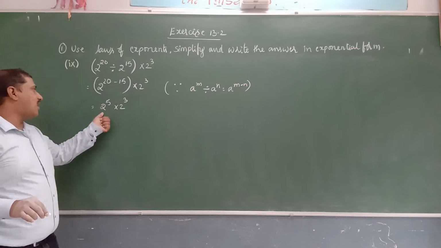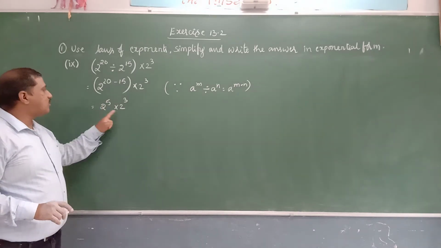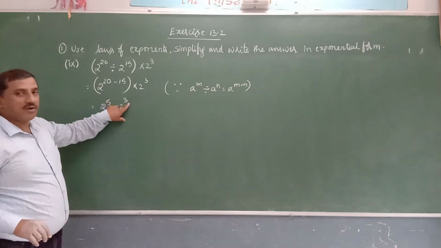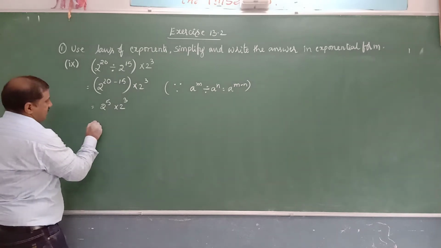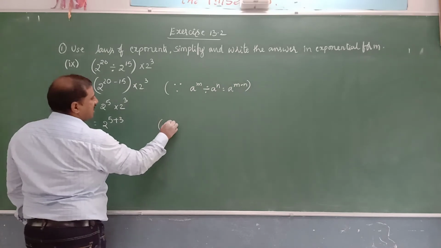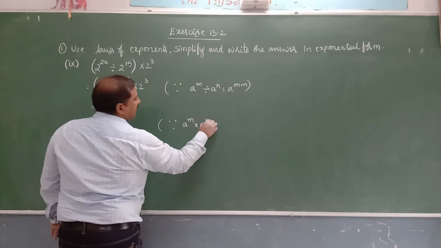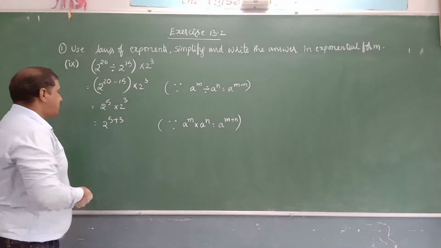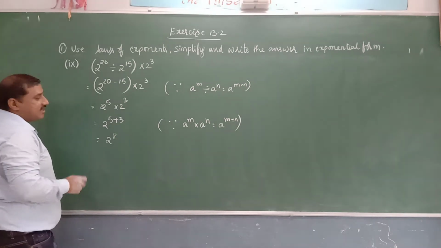Now again here we have the two bases same with different exponents. So which law can we apply to simplify this? That is the first law, a to the power of m into a to the power of n is equal to a to the power of m plus n, that is 2 to the power of 5 plus 3, which is 8.